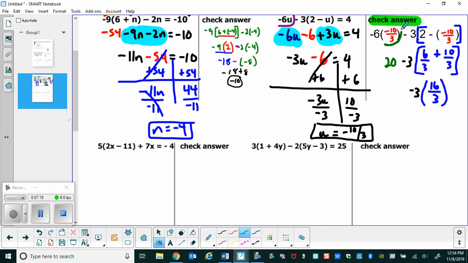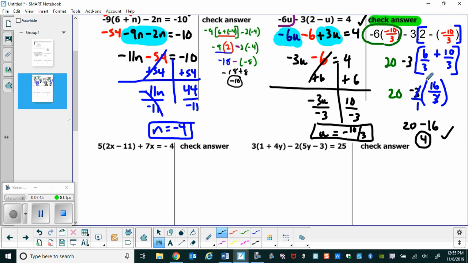So if that part is a 20, and we take away 3 times the blue answer, so here's 20. Let's take away 3 times this blue answer. Now over here in blue, though, if this is over 1, notice that those 3's just cancel out. And so we really just have minus 16 over here. And then when you have your final part of 20 minus 16, you do get a 4. And that does check out.